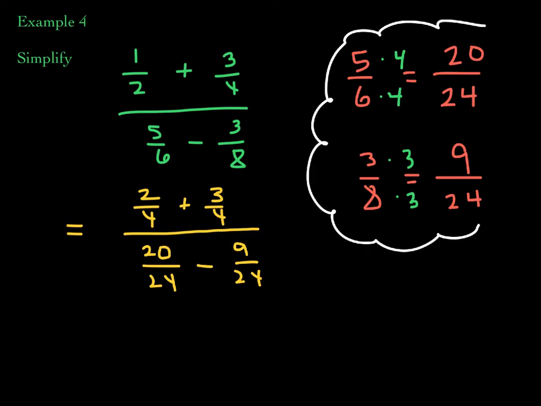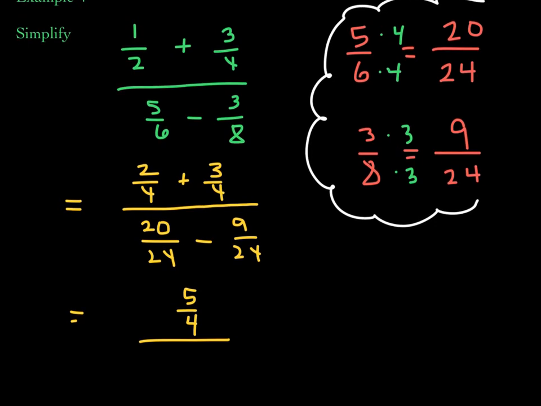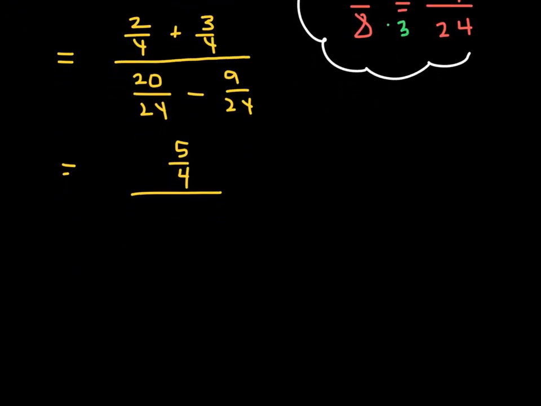All right, so then the numerator becomes 5/4, and the denominator, I think I should scroll up here, the denominator is 11/24. And what you can do now is, we already know that you divide by a fraction by keeping the first fraction the same, changing division to multiplication, and multiplying by the reciprocal of the second fraction.